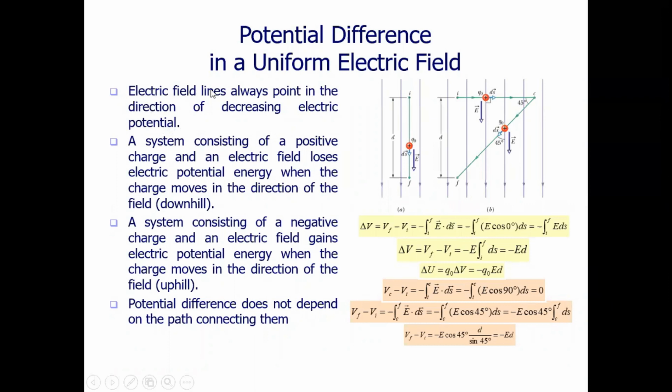So where the electric field lines are pointing, the potential is decreasing, and when you go in the opposite direction, the electric potential is increasing. And the second point, a system consisting of a positive charge and an electric field loses electric potential energy when the charge moves.